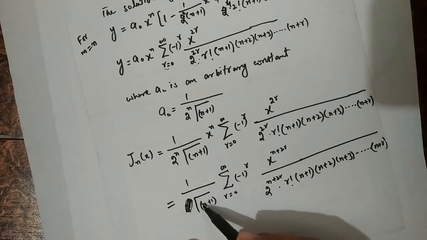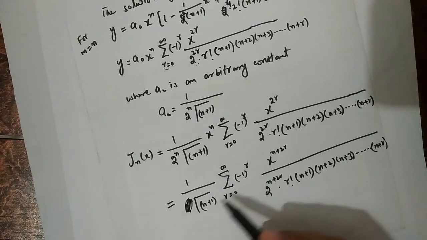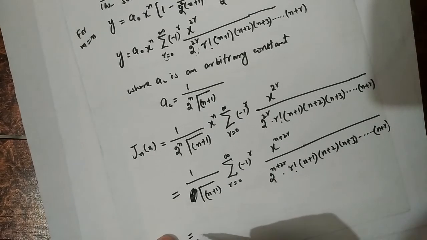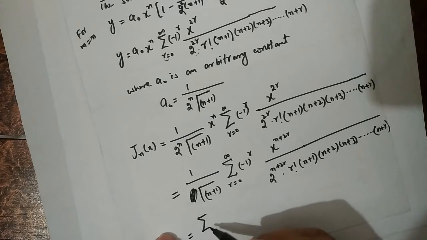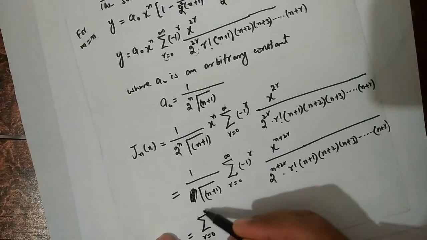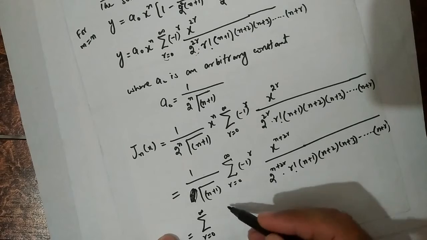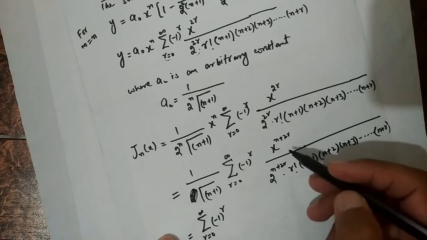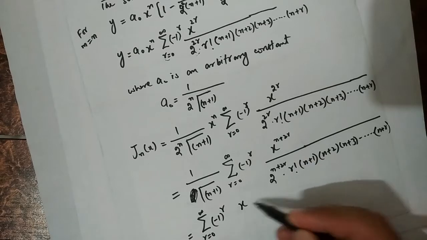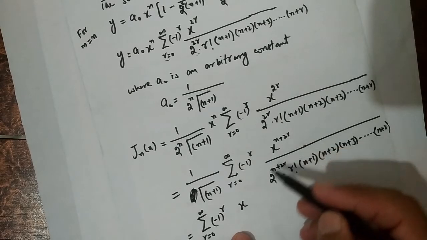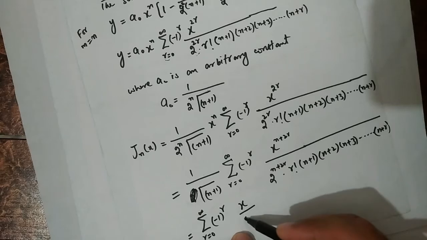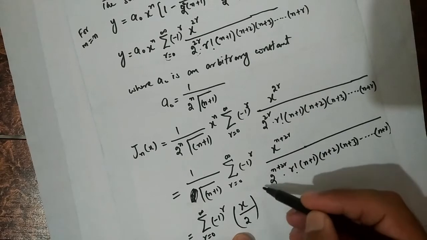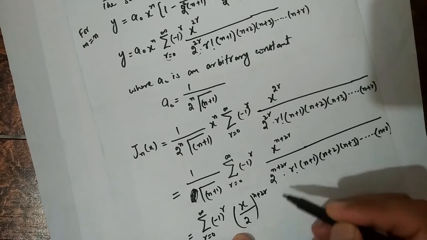So I can also include this term inside the summation, so it will become summation from r equals 0 up to infinity, minus 1 to the power r, and x divided by 2 whole to the power n plus 2r.